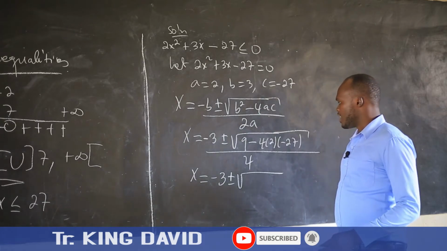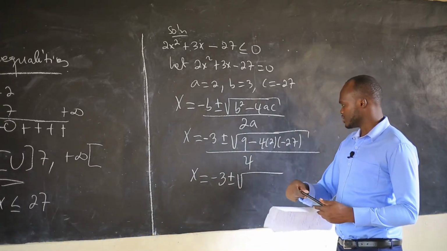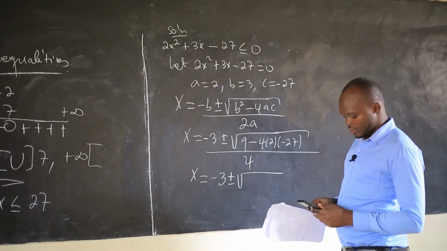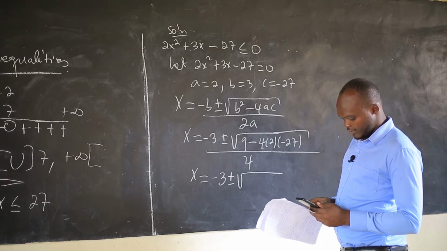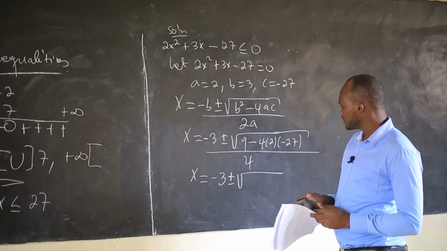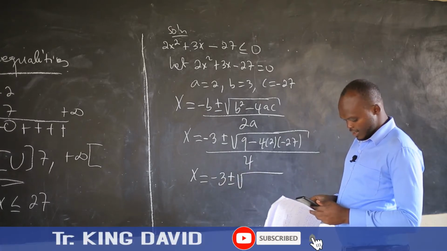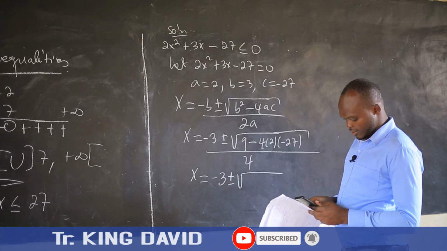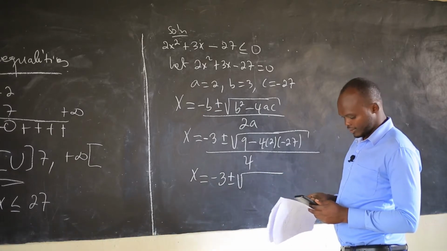So we're going to see, let me use a calculator to get this number, which is under the square root. We have 8 times 27, then plus 9.